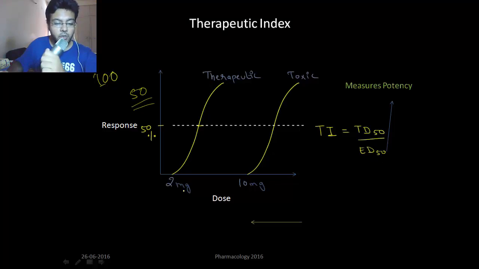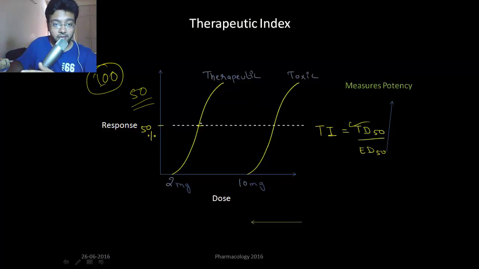That means at a 2 milligram dose, 50% of the population has developed a therapeutic effect, also called ED50. Now once you give 10 milligram to each of these patients, say 50% of the patients develop a toxic effect of the drug. We call it the toxic dose in 50% of patients.